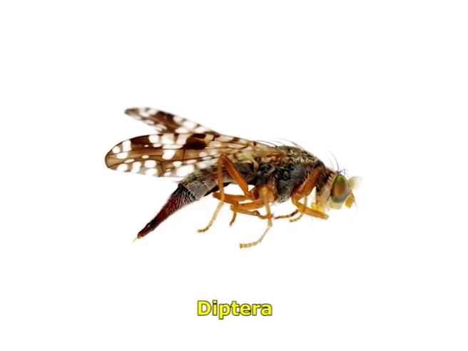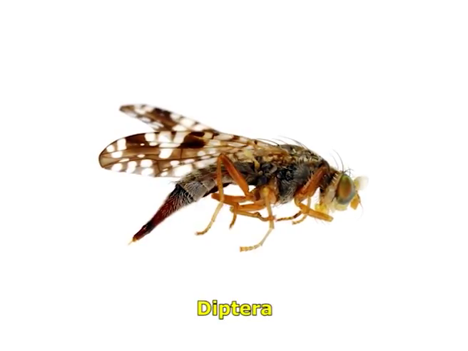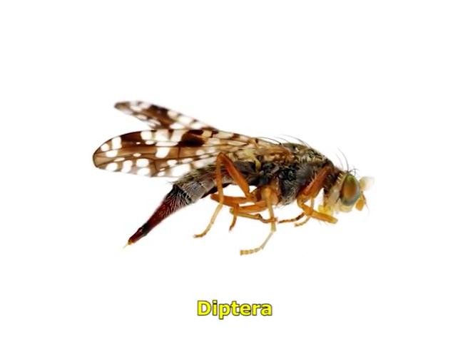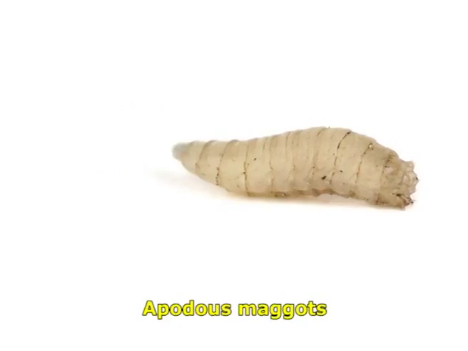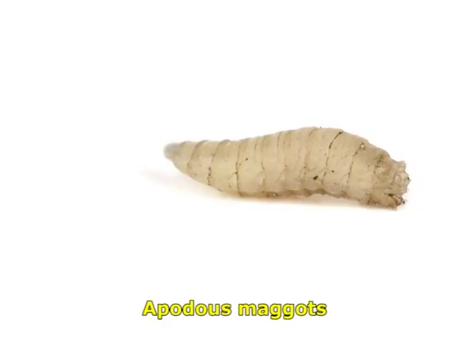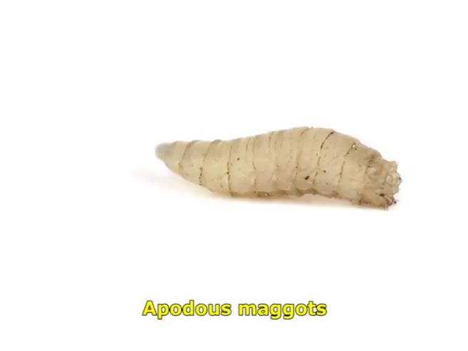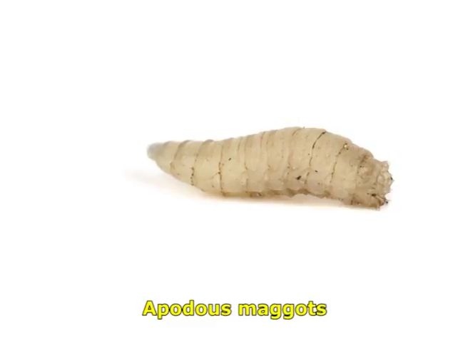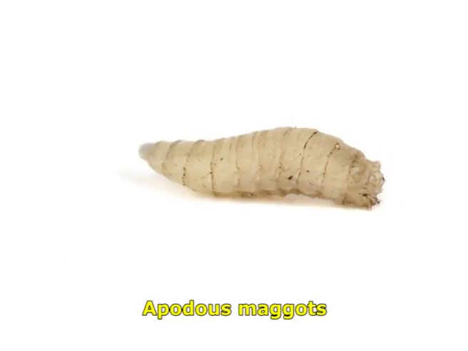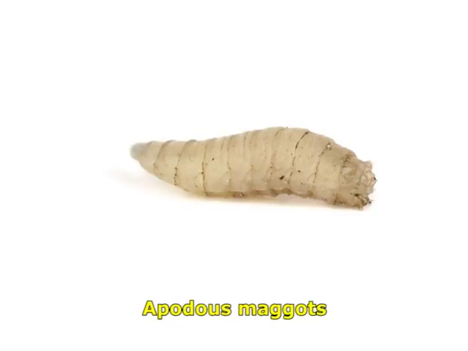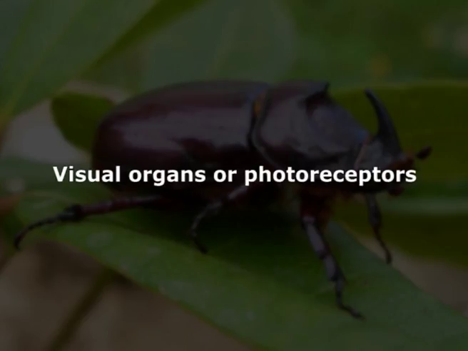Degenerate type of mouthparts. Example, maggots of Diptera. In apodous maggots, a definite head is absent and mouthparts are highly reduced and represented by a mouth hook or spine.